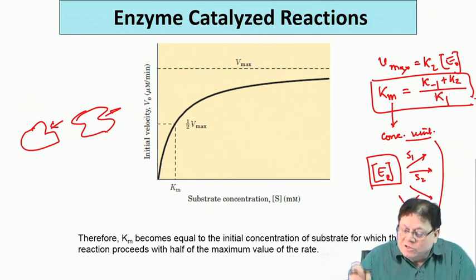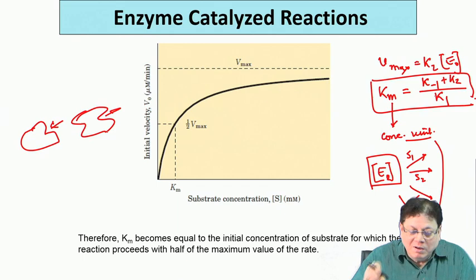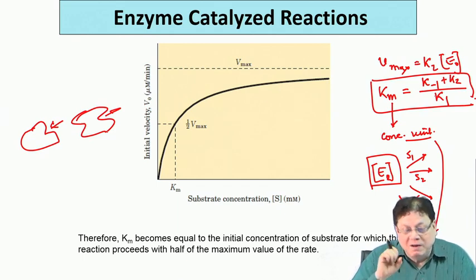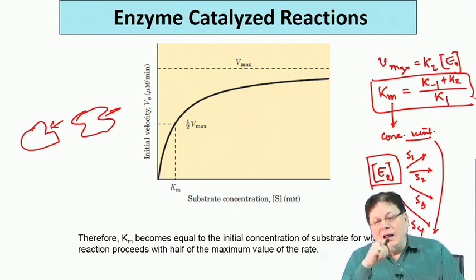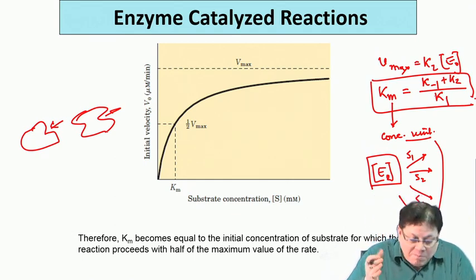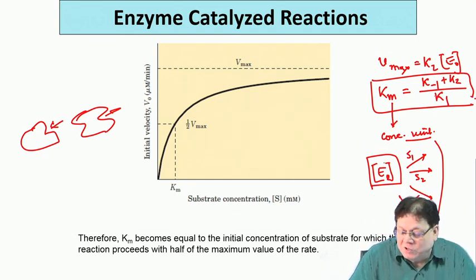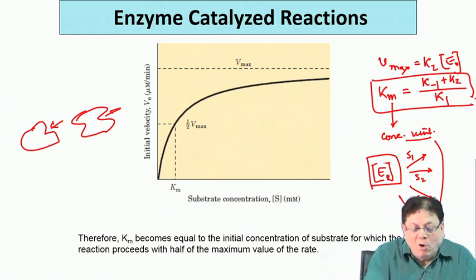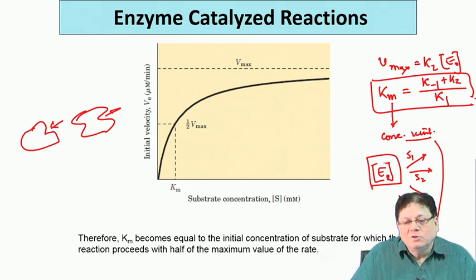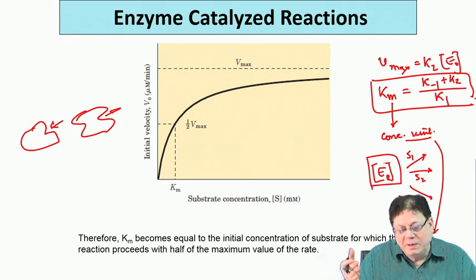But this will happen only up to a certain point. Because your enzyme concentration is constant, at some point all the active sites will be filled by the substrate molecules. Beyond that, if you increase the substrate concentration, you will not get any rate enhancement.